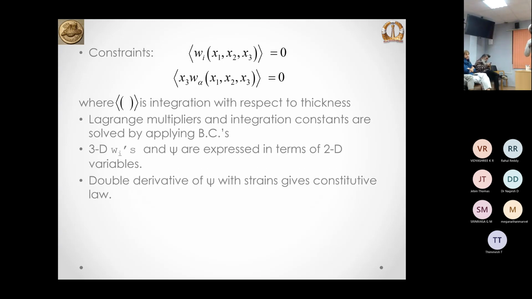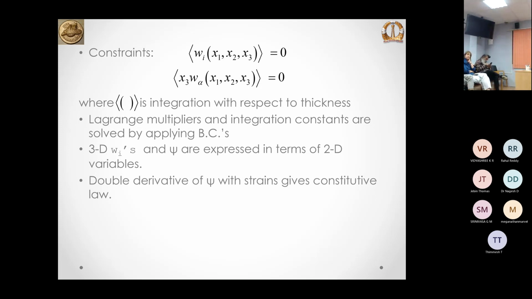These are the constraints on warpings: the average of warpings through the thickness, denoted by the angular bracket, is 0. That is one constraint. And the moments of warpings through the thickness are also 0. We minimize the strain energy density function with respect to warping subject to these constraints. Finally, we will be able to solve warpings in terms of 2D strains.